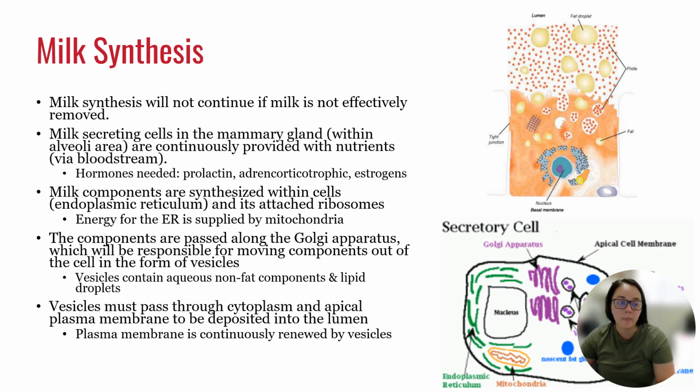So again, the secreting cells in the mammary gland are continuously provided with nutrients. The secreting cells are within the alveoli area, and their nutrients are coming from the bloodstream.